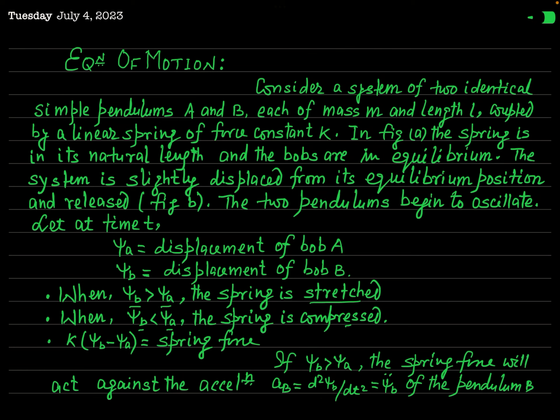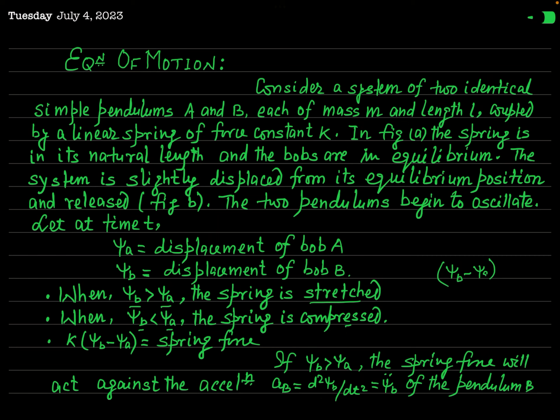Now, as the two bobs are displaced by psi a and psi b, the stretching, or elongation or compression, of the spring will simply be psi b minus psi a.